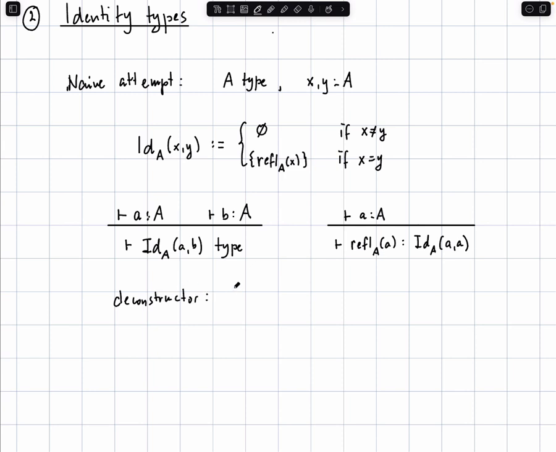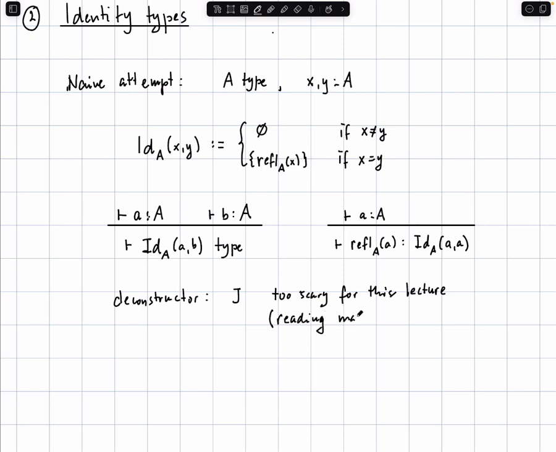It is traditionally called J, and it's too scary for this lecture. Instead, you should read Egbert's book and find where he describes identity types and what this J is doing. So, reading material.